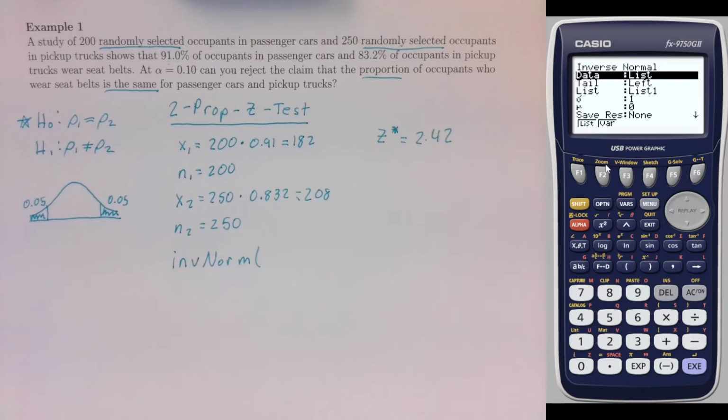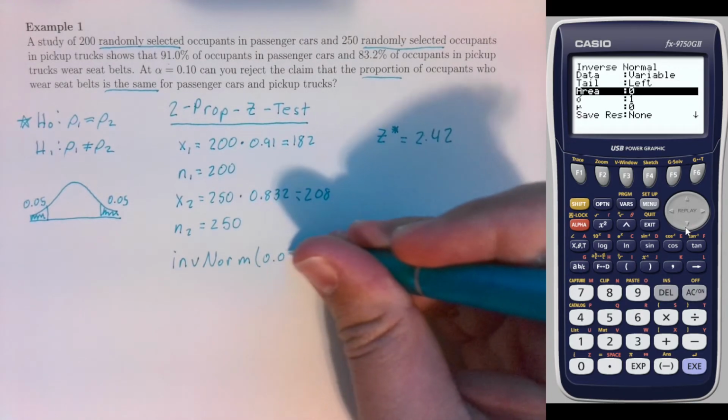Make sure the data is on variable instead of list. I'm going to do left because I'm calculating the left tail. The area is 0.05.